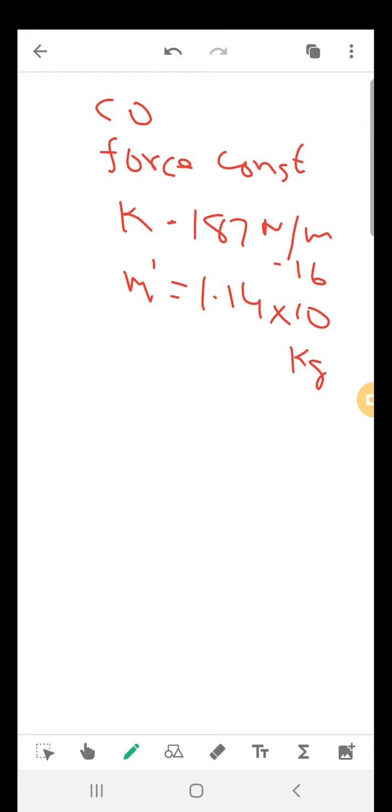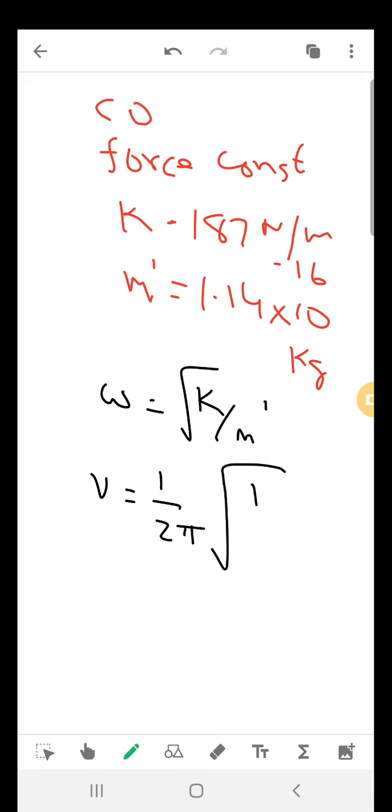What will be the frequency of vibration? It's very simple. So we simply have to write the formula. So omega is the frequency, and it is equal to square root of K by m dash, and nu will be 1 by 2 pi square root of K by m dash. So we put the values.